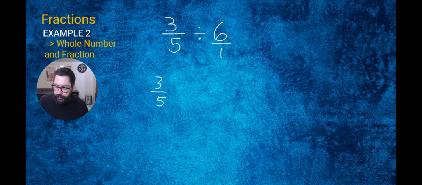So this is where it gets a little bit funny, but no need to fear. When we're dividing, remember that division and multiplication are very similar, but they've got an opposite relationship at the same time. So what's super helpful is instead of dividing by 6/1, we're going to take this 6 over 1 and do the opposite and write 1 over 6.